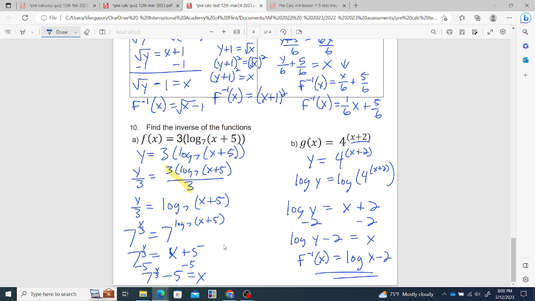Then the inverse function of f of x equals 7 to the x over 3 minus 5. Oh man, I've probably been doing this too long. So the inverse function of x equals 7 to the x divided by 3 power minus 5. That's my inverse. So that's all of them.